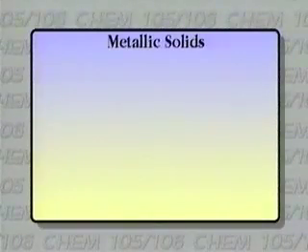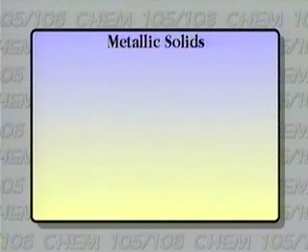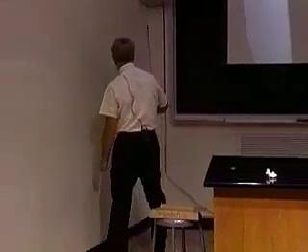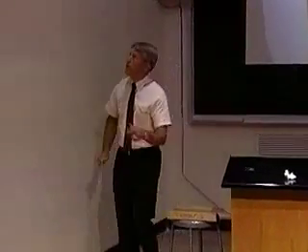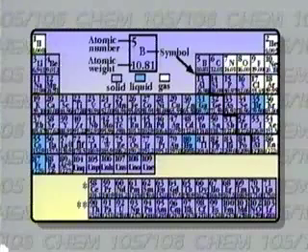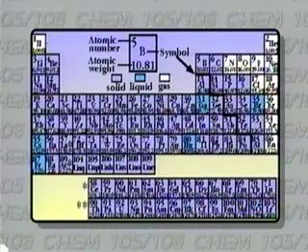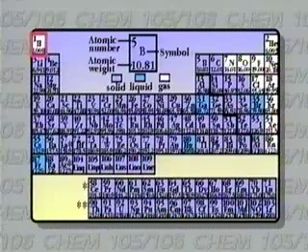Now the next type of solid that we want to talk about are the metallic solids. If we think back to what we've talked about on a periodic chart, remember that everything to the left of this jagged line is a metal as an element. Hydrogen, let's exclude it because it has sort of unique behavior because of its single electron structure.